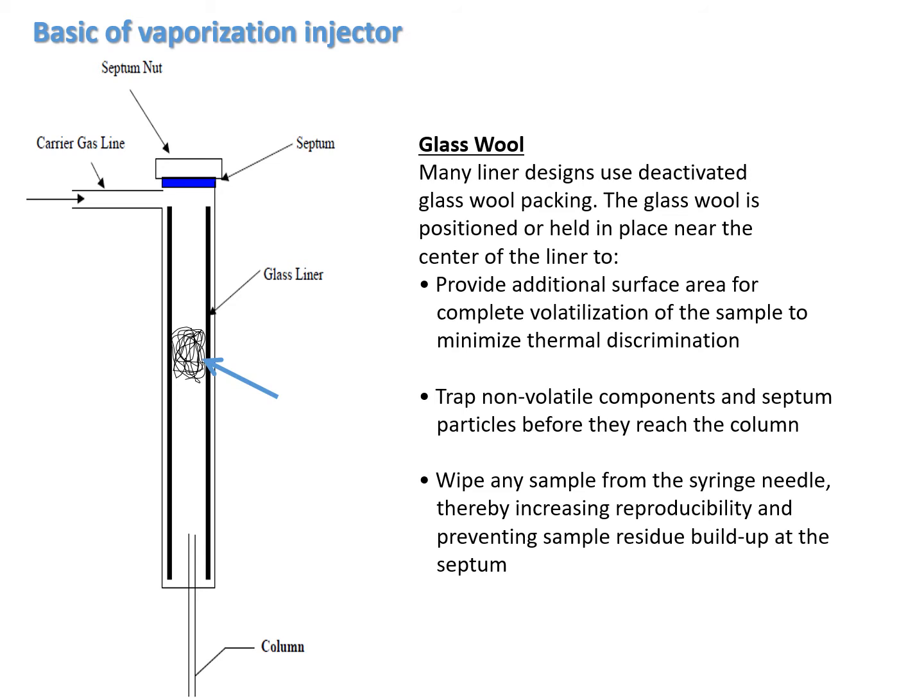The function of the liner is to provide additional surface area for complete volatilization of the sample to minimize thermal discrimination, trap non-volatile components and septum particles before they reach the column, and wipe any sample from the syringe needle, thereby increasing reproducibility and preventing sample residue buildup at the septum.